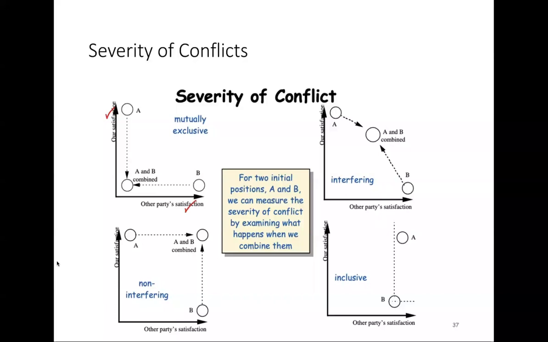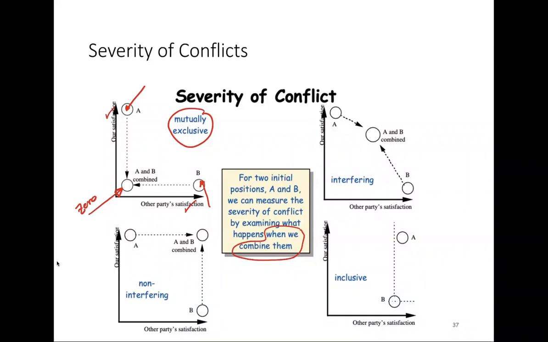For any two initial positions A and B, we measure the severity of the conflict between my satisfaction as a stakeholder and the other party's satisfaction by examining what will happen when you combine these two options or two positions. If this is my satisfaction as A and this is the B satisfaction, as you can see, they are mutually exclusive. When we combine them, we end up with zero satisfaction.